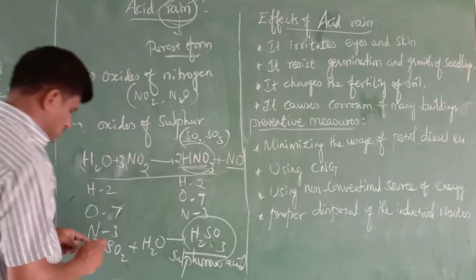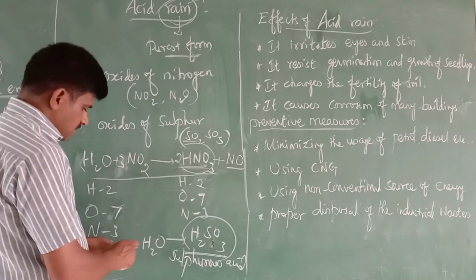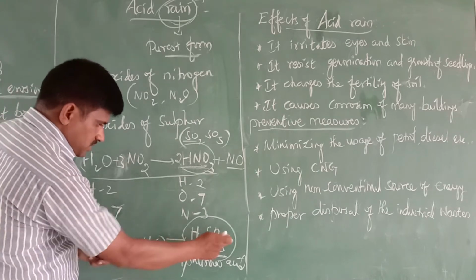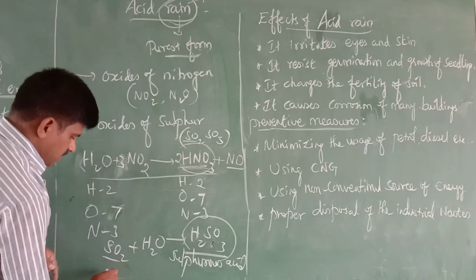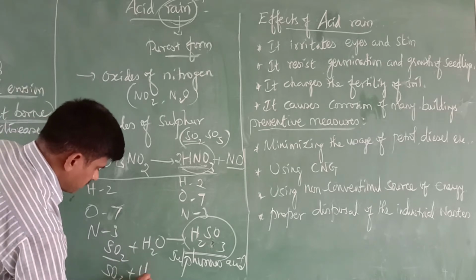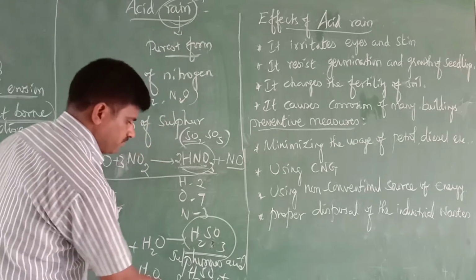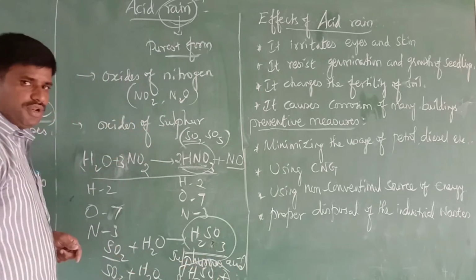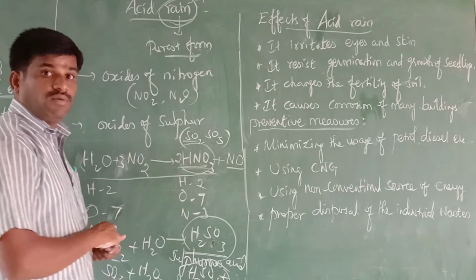SO2 is sulfur dioxide, an oxide of sulfur. When mixed with water, it forms sulfurous acid, H2SO3. In the same way, when sulfur trioxide is mixed with water, it forms sulfuric acid, H2SO4. So this is also an acid form.